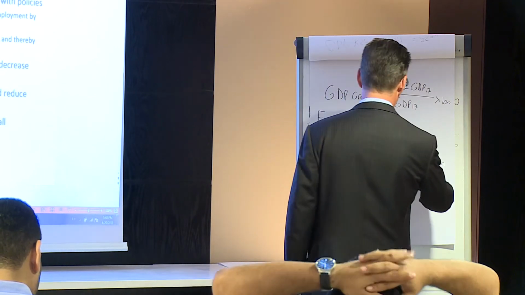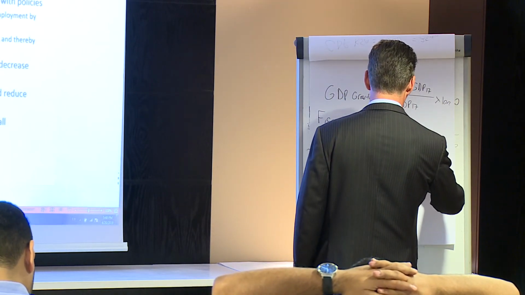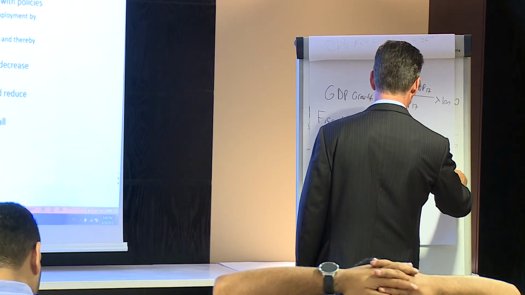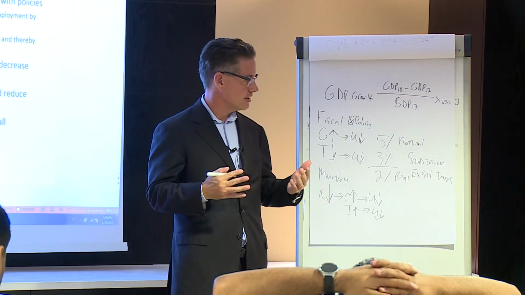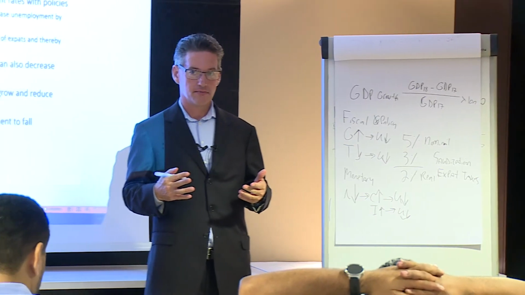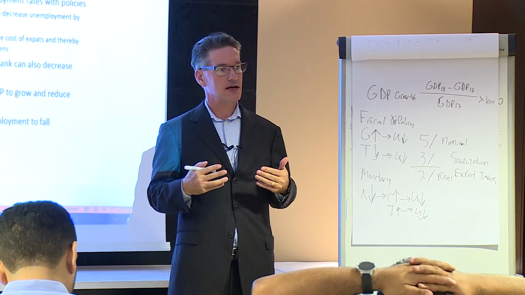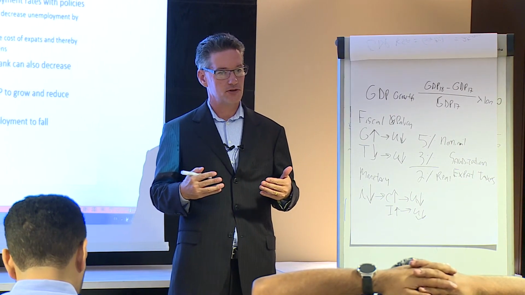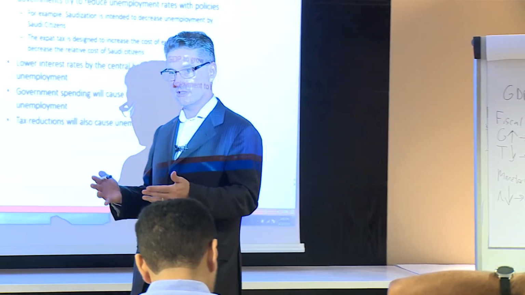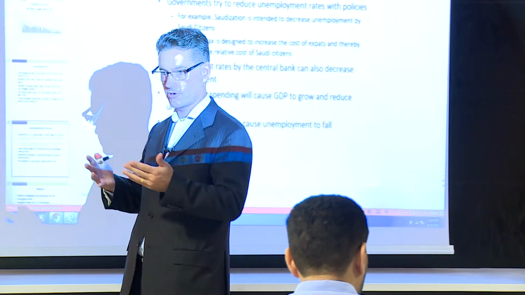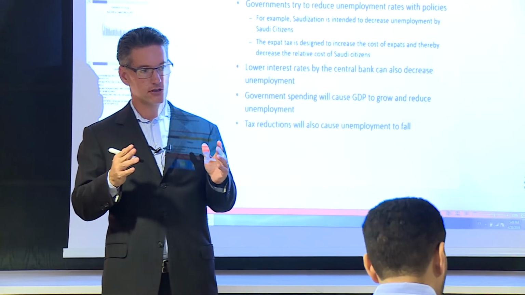Expat taxes, right? Again, I'm not trying to judge whether I agree or not with these things, but understanding the idea behind it. So what's the idea behind the expat tax? If there's a tax on the expat, then the cost of employing the expat goes up or goes down? Goes up.